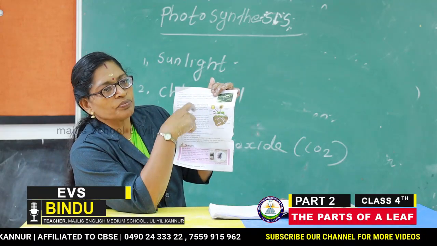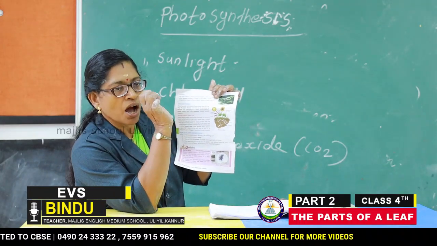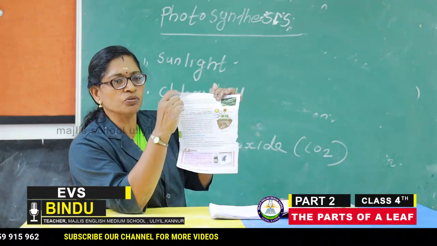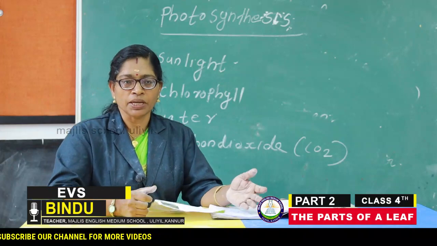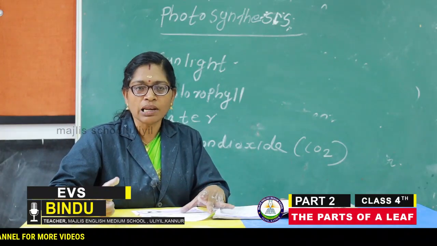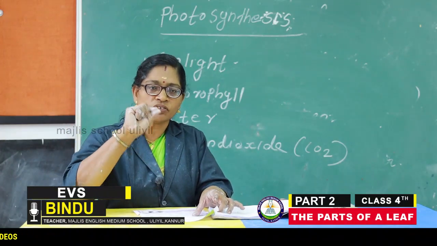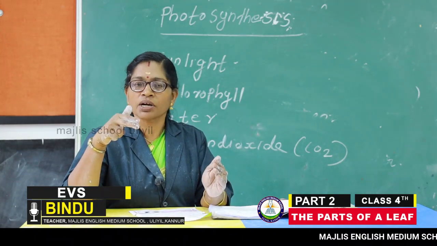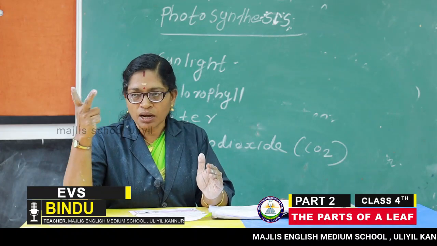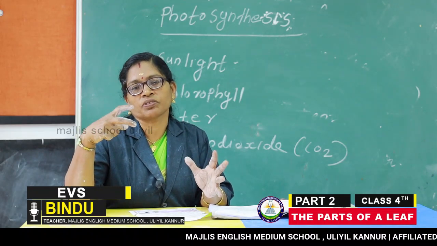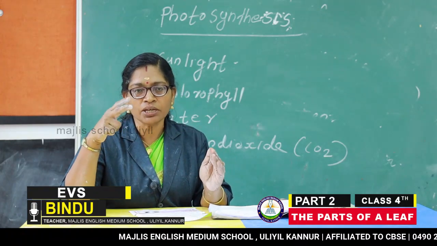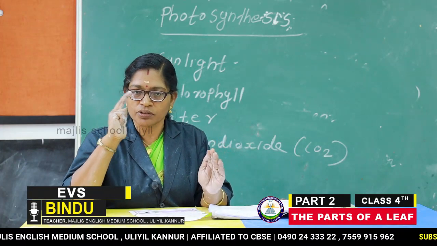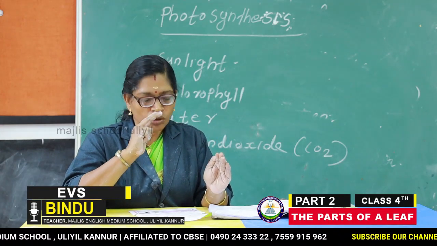That is how photosynthesis takes place. Roots absorb water and minerals from the soil and through the stem it reaches the leaves. Leaves already have chlorophyll and absorb sunlight and carry out their food making process. That is the process going on here.